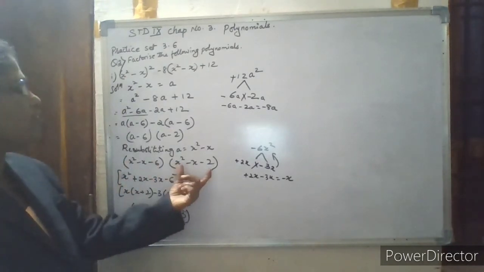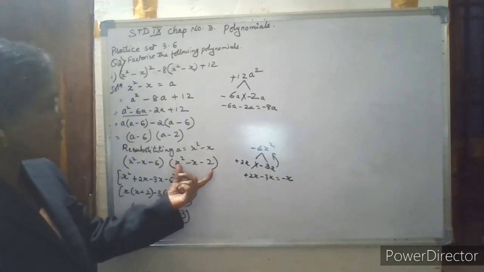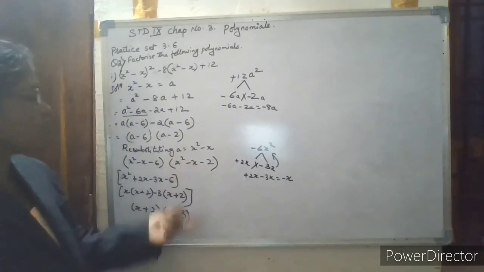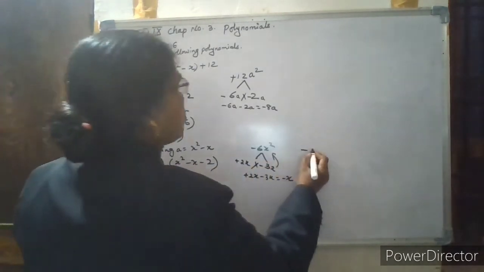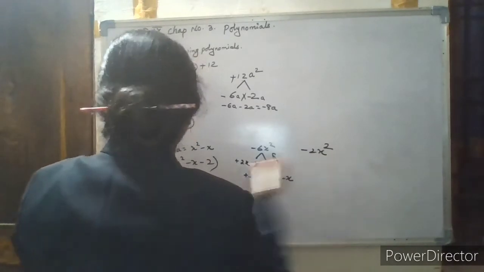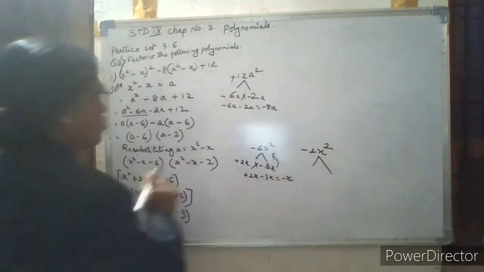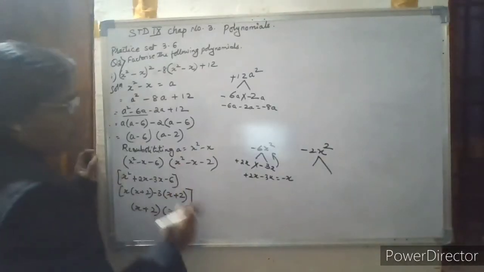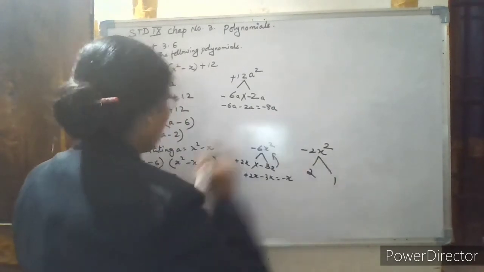Now let us see whether the second quadratic factor, x squared minus x minus 2, can also be factorized. Take the first term and the last term, minus 2x squared. This should be split such that you get the middle term as minus 1. 2 has the factors 2 and 1, and 2 minus 1 is 1.